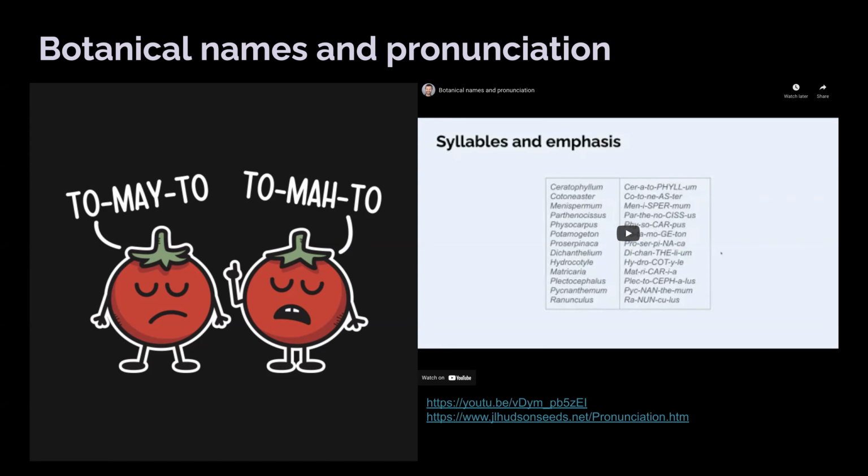We can pretend that there's agreement across the world. There's not even agreement from one end of our country to the other. So it's kind of a fool's errand, I think, to try to get everyone to say exactly the same scientific names. That's my take. Other people might have different takes on it. You can talk to those people.